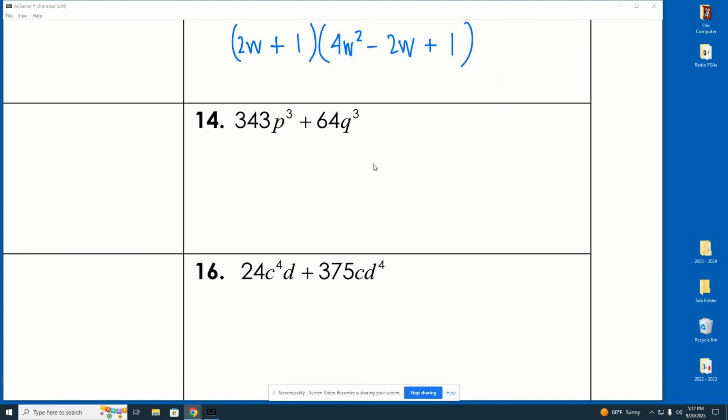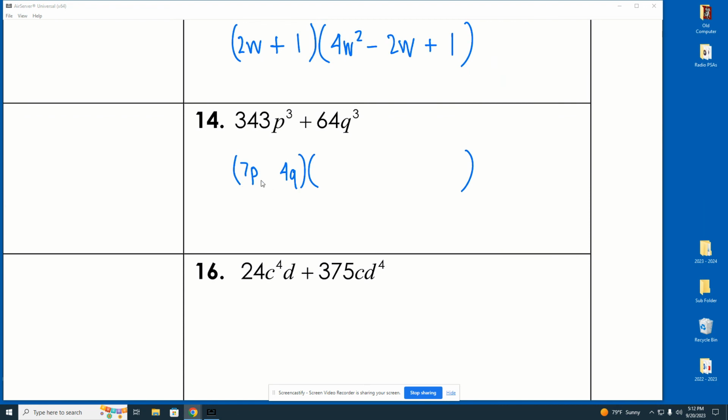So here we go. Binomial times a trinomial. Ready? What multiplies by itself 3 times to get 343 P cubed? That's 7P. What multiplies by itself 3 times to get 64 Q cubed? Well, that's 4Q.